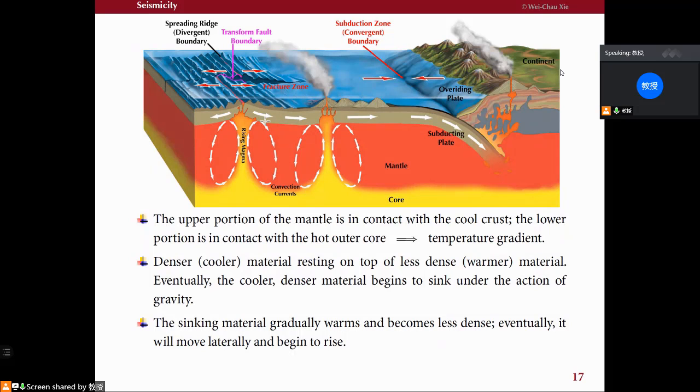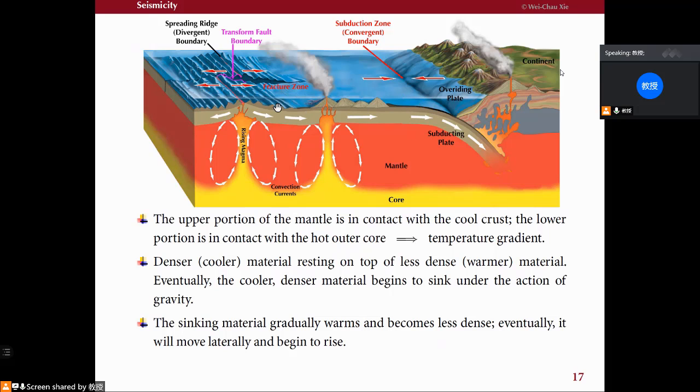Okay, so now let's look at the motion of the continent. We know that the top part, the blue part, is the crust. And then below we have the mantle. The upper portion of the mantle is in contact with the cool crust.